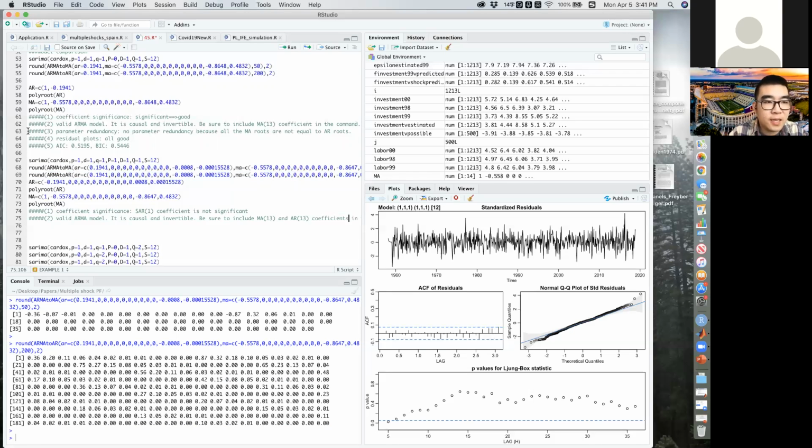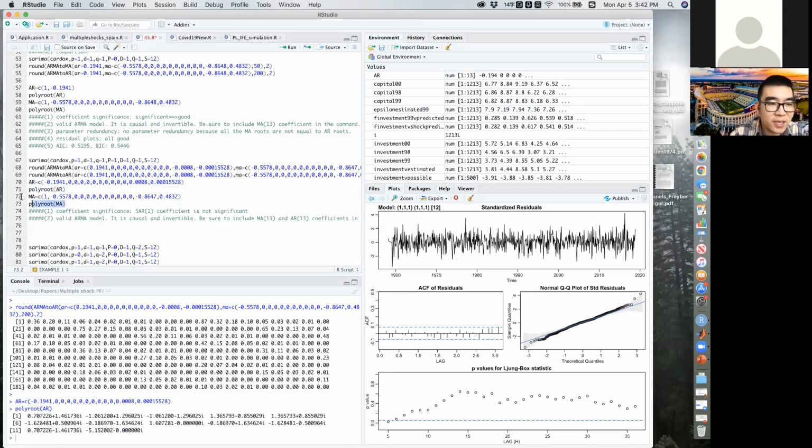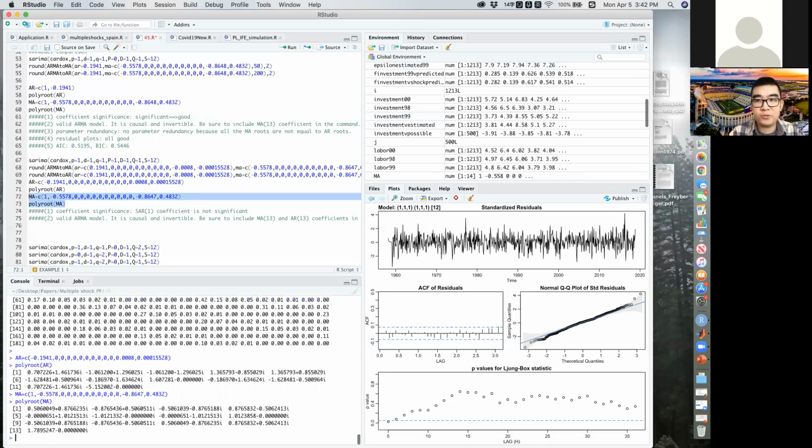Okay. And also let's check the parameter redundancy. This is the AR polynomial roots, and this is the MA polynomial roots. I also checked by myself, and I do not find any two roots that are very close. The only thing I find is that one of the AR roots is approximately 1.607, and there is a root, root number 13 for the MA polynomial, which is 1.789.